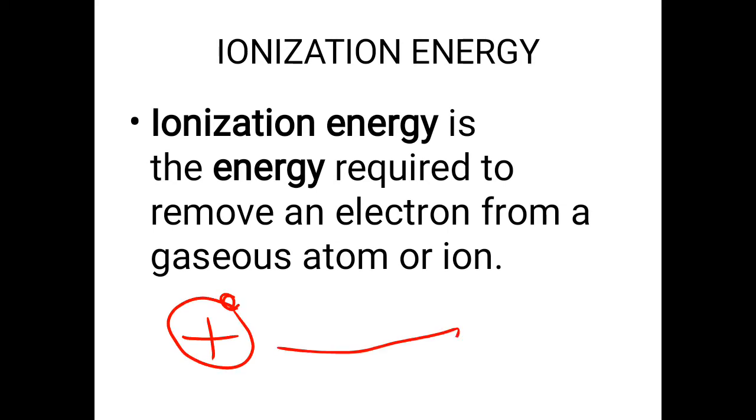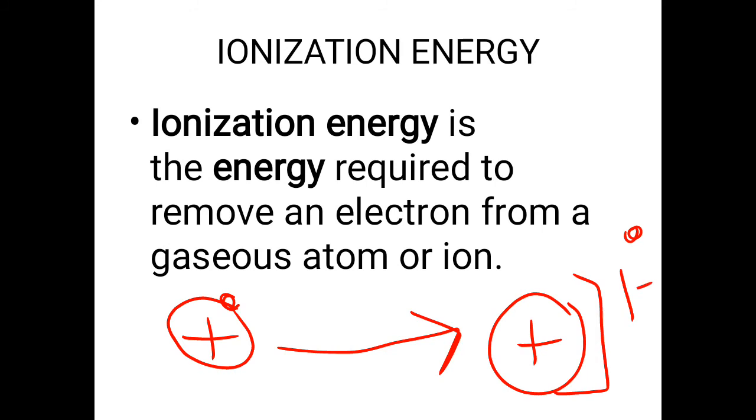On providing energy, an electron can be lost by the atom and the neutral atom will be positively charged. So the amount of energy which is required to remove or knock out the electron from a gaseous atom, meaning a neutral atom or an ion, is called ionization energy.